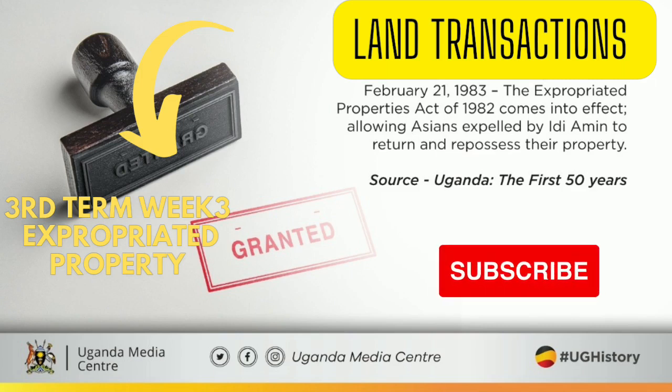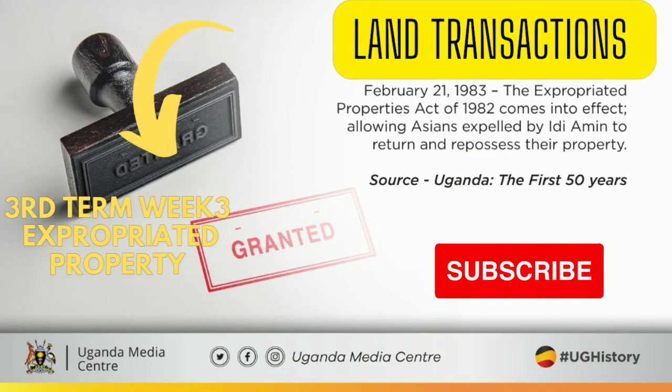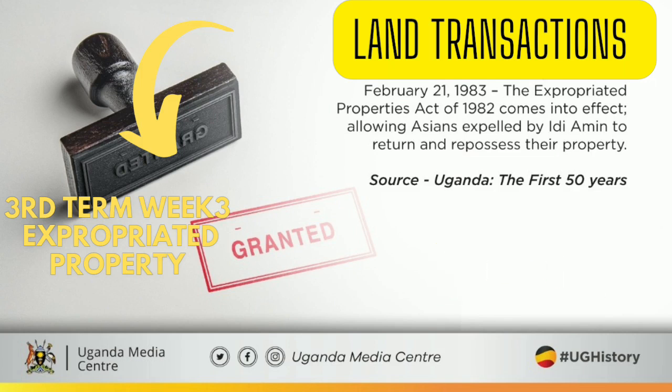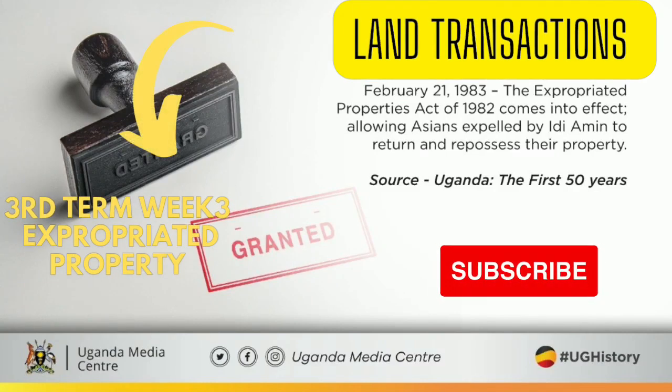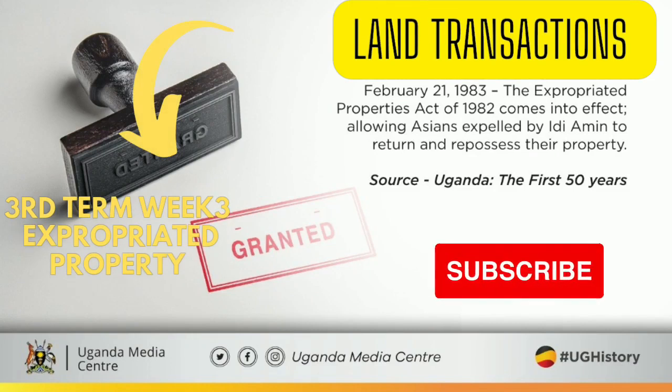But when you go to regulation 13 of the repossession regulations, it is to the effect that for purposes of section 2, subsection 2, paragraph B, expired leases had been extended for 2 years until the property had been dealt with by the minister.